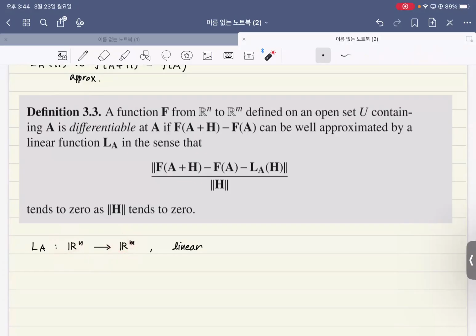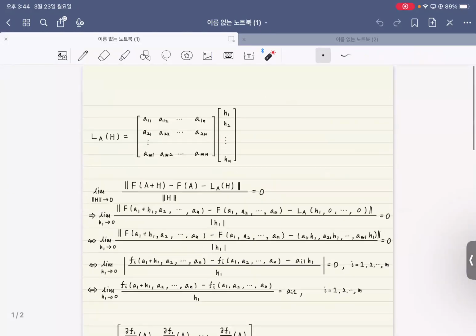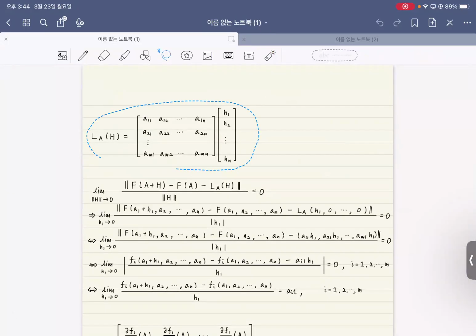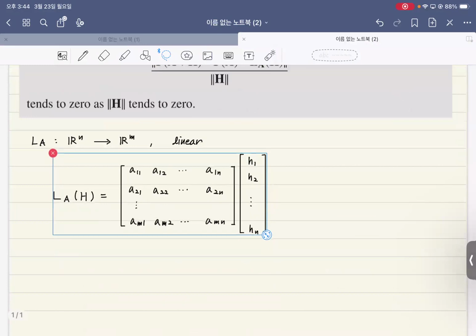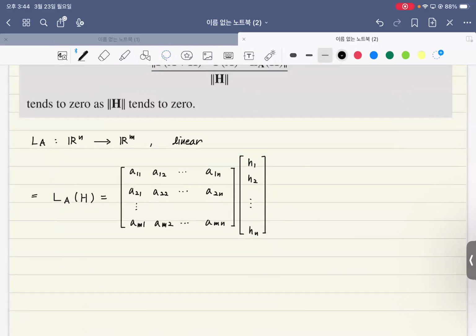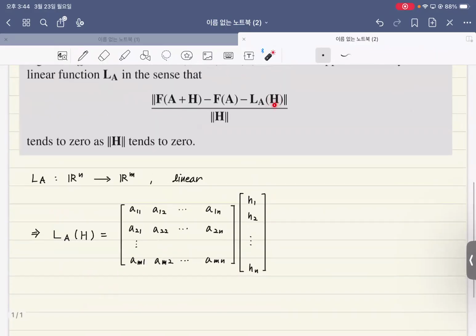So L_a of h, where h is considered as an n-dimensional column vector, can be written like this: this is L_a, and this is h. As you can see from this picture, I have m rows and n columns.